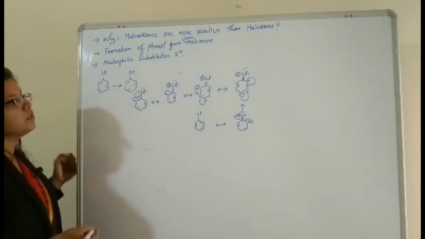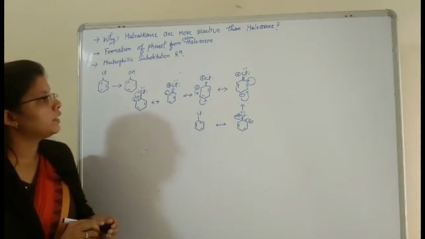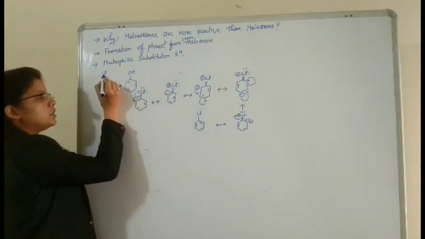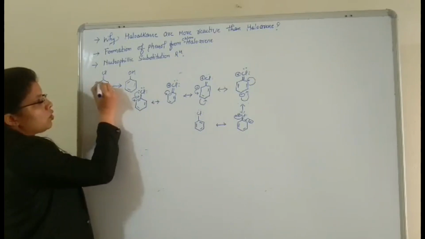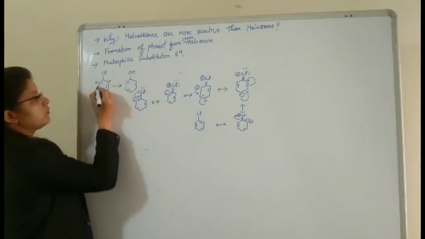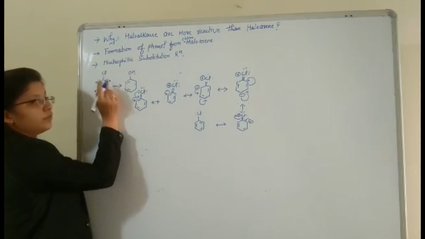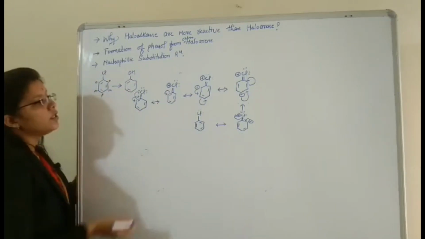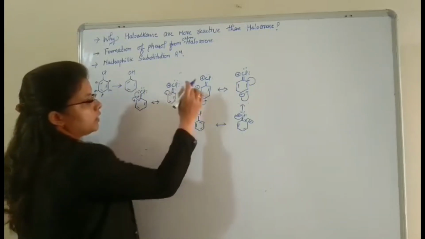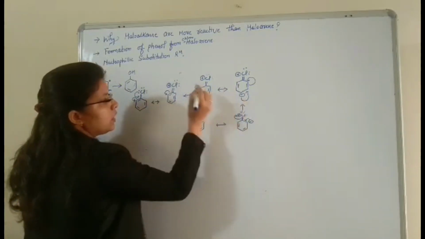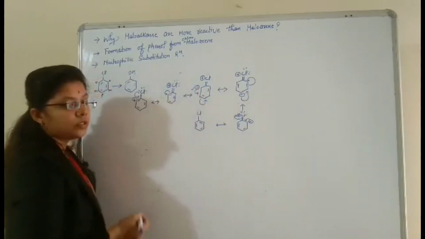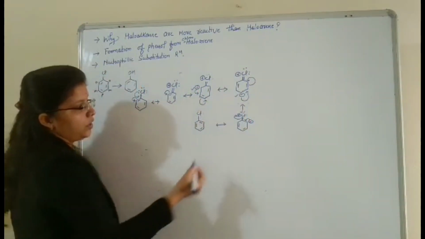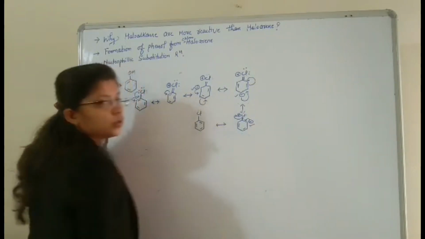So what we are observing here is, first of all you should know that, suppose this compound is attached here, so this is the ortho position, right? These are the meta positions with respect to this chlorine, and this is the para position. Clear? So what we are observing here is that the negative charge is coming first of all in the ortho position, again the negative charge is coming in the para position, and the negative charge is coming in the ortho position.